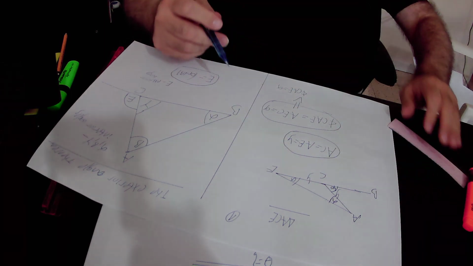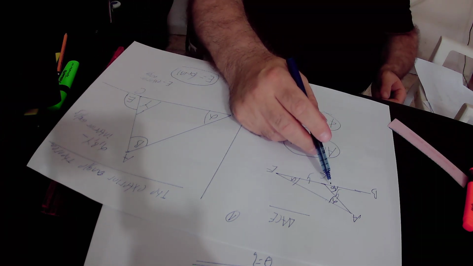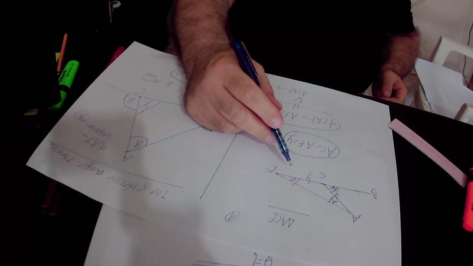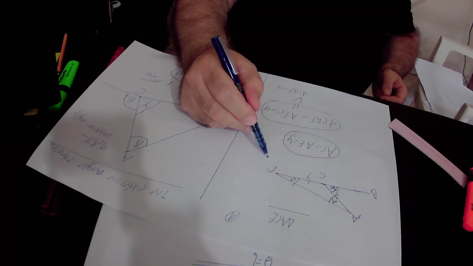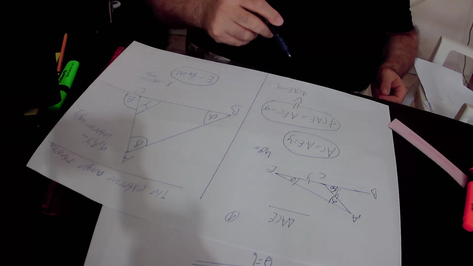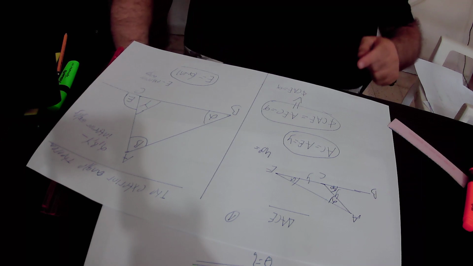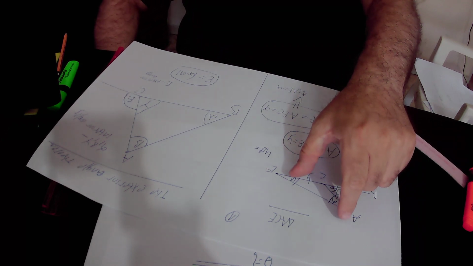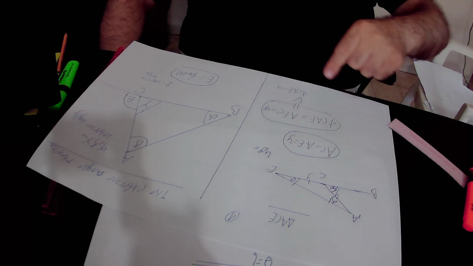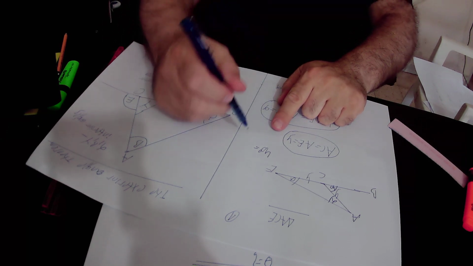So according to the exterior angle theorem, this angle that is equal to 40 degrees is defined as the exterior angle of triangle ACE. So this angle will be equal to the sum of the two interior angles that are not adjacent to it. That is to say, 40 degrees will be equal to alpha plus alpha.